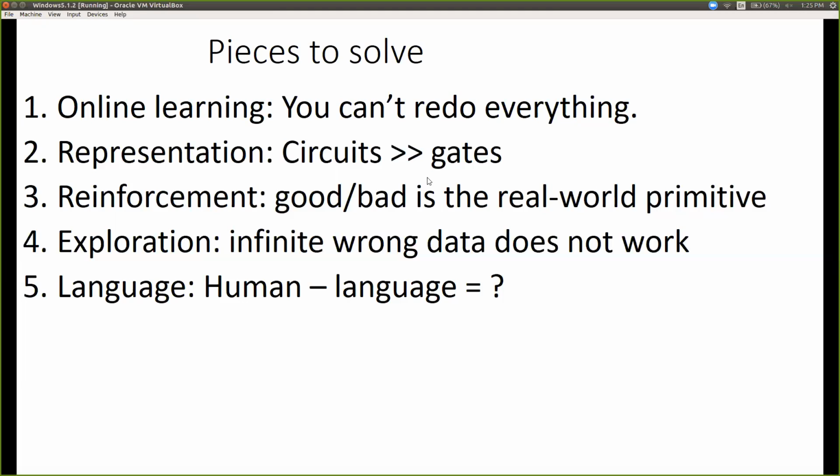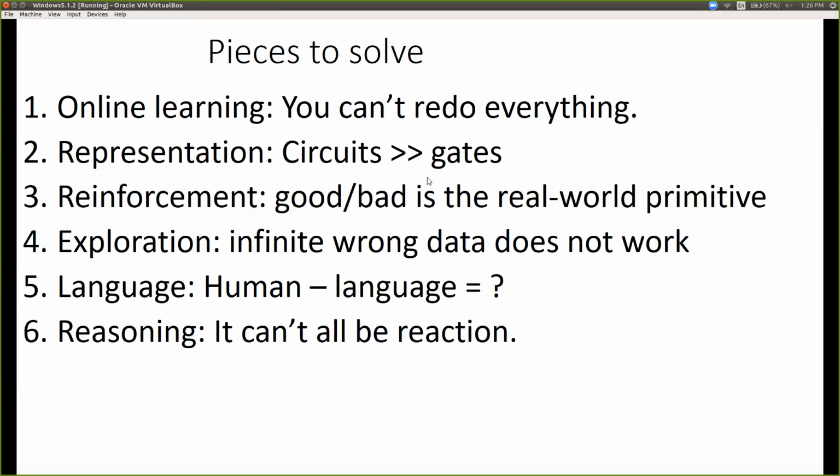If you take language away from what makes people intelligent, then you're left with much less. You no longer have civilization, for example. Okay, so language seems like it's a very important element.